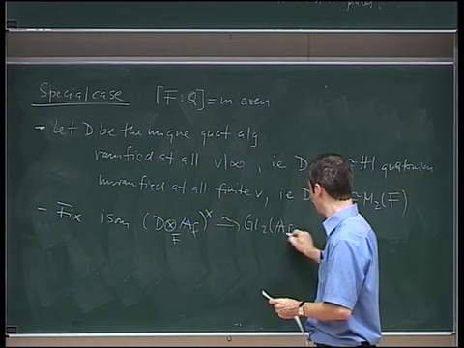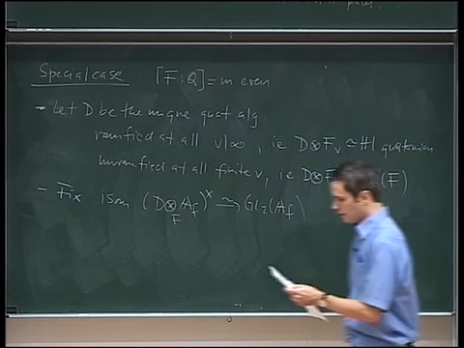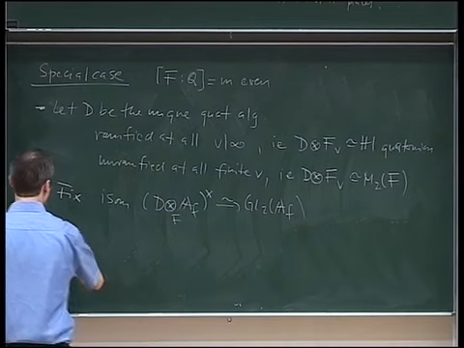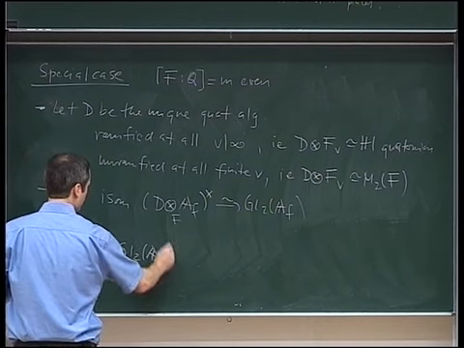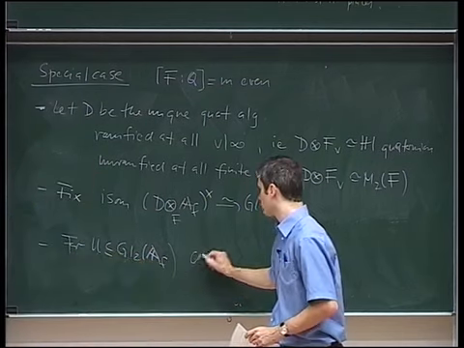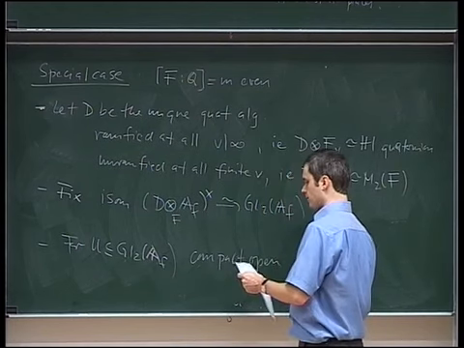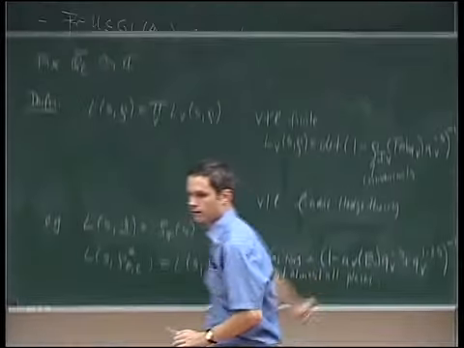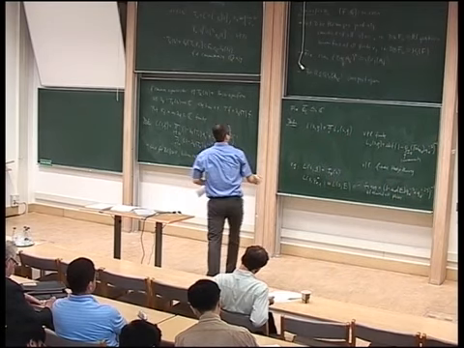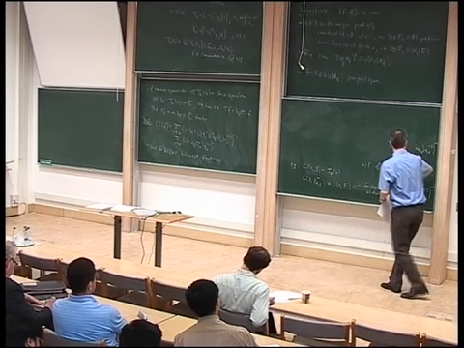Similarly, as before, for compact open subgroups U, I can now make the definition of modular forms of level U.